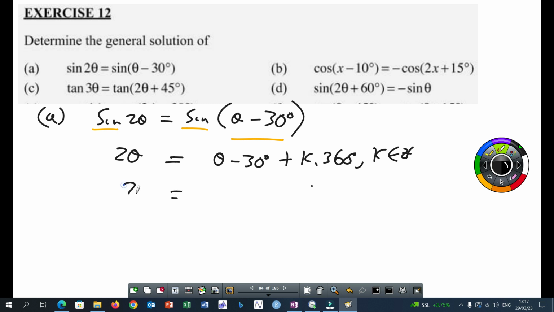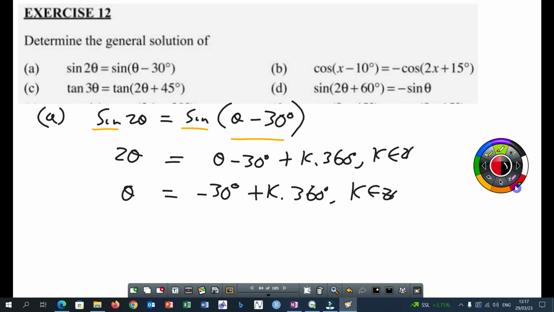So we'll get 2 theta equal to, let me take the theta to the other side, 2 theta minus theta gives us theta, then minus 30 degrees plus k times 360, where k is an integer. Okay, please take note, this is the reference angle. Take note of that.